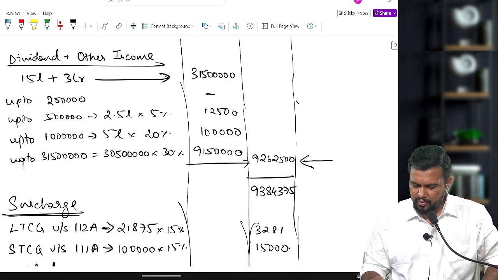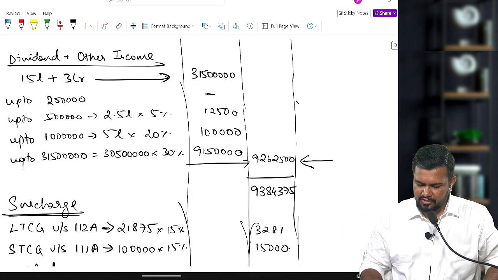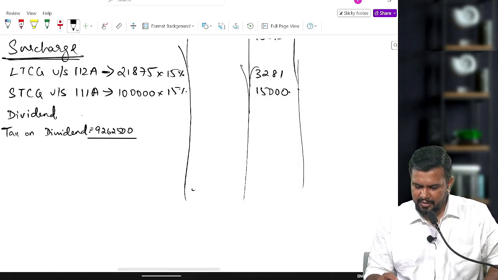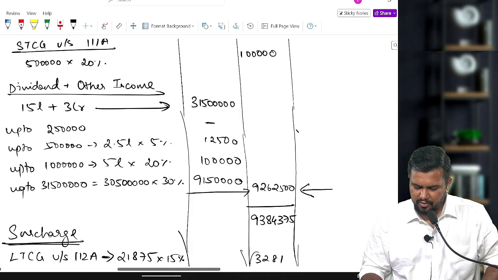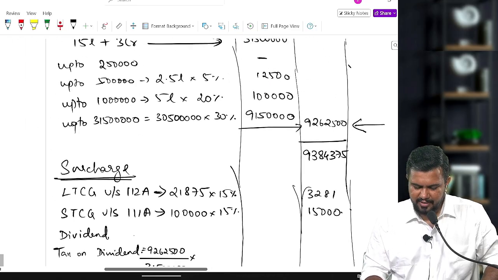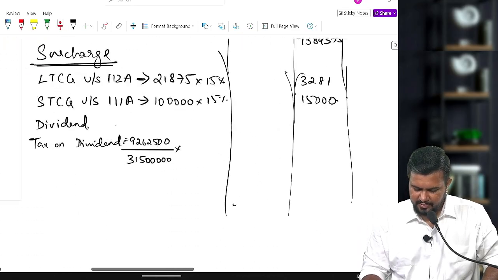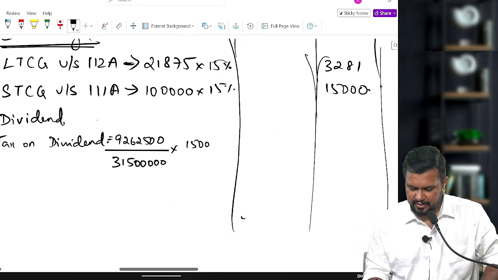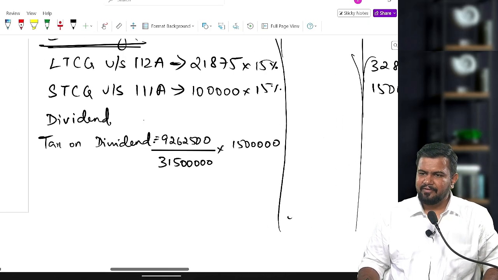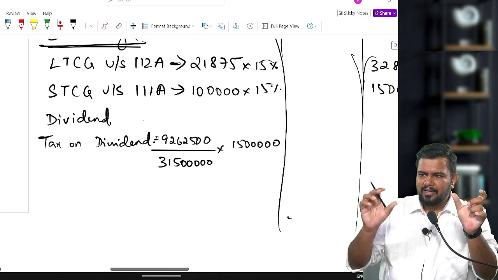So what we will do: 9262500 divided by 3 crore 15 lakhs, into the dividend, 15 lakhs. We did a simple proportionate formula to find the dividend tax. We know the combined tax on other income plus dividend.